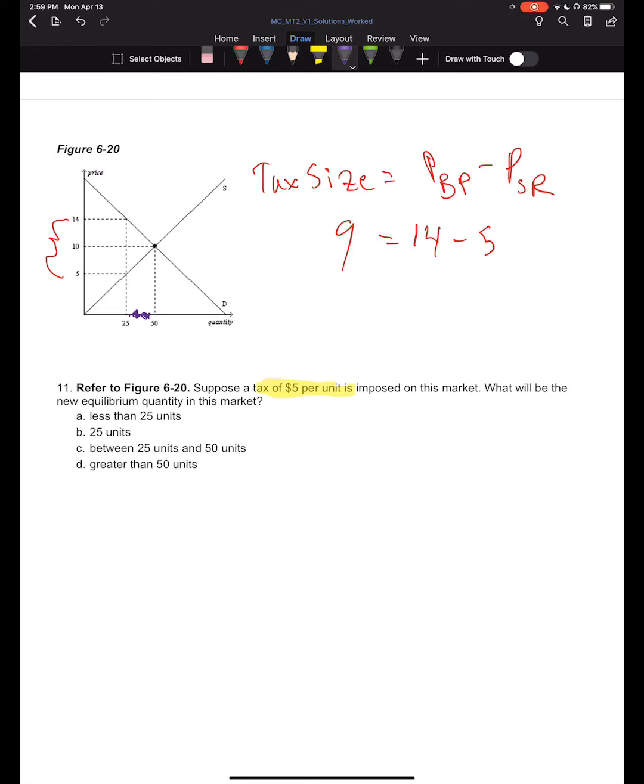So the new equilibrium quantity in this market, we know it's not going to be less than 25 units, because even if we tax it $9, we get at least 25 units. 25 units would be for the tax of $9. It's not going to be any greater than equilibrium, so then that means that it must be between 25 and 50 units.